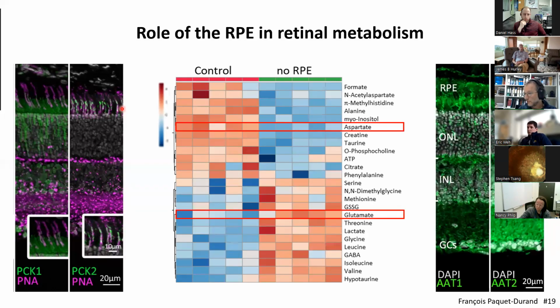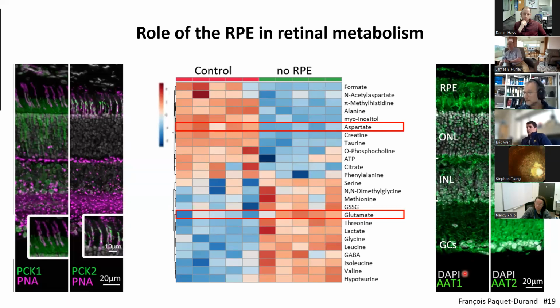So first of all, where is the enzyme expressed that would be able to use glutamate and aspartate? And is it expressed in the retina? This enzyme is called aspartate aminotransferase. We abbreviate it here AAT. Other people abbreviate it AST or ASAT, also sometimes GOT.